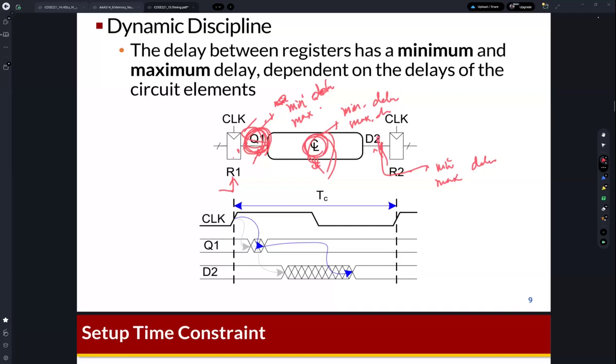This minimum and maximum delay for D2 needs to be lower than the clock period. But also we need to consider the setup time and hold time. So this is the dynamic discipline.